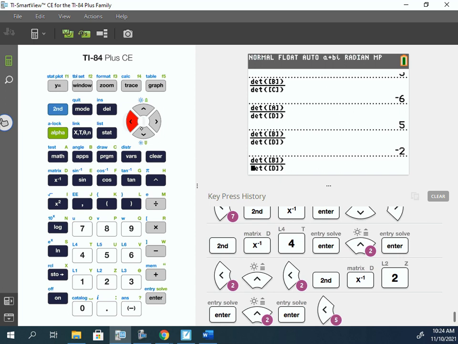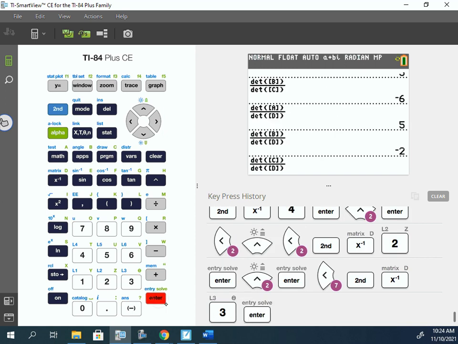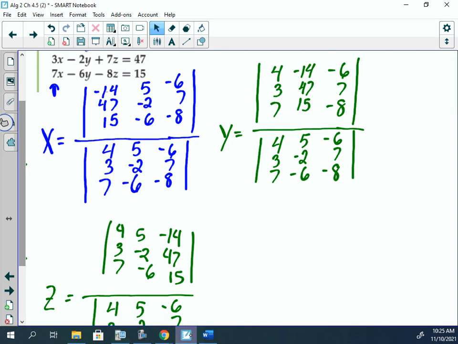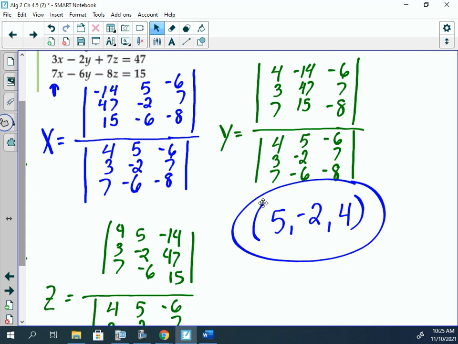Then matrix C over D. So our solution is the point 5, -2, 4. Any questions on this here?